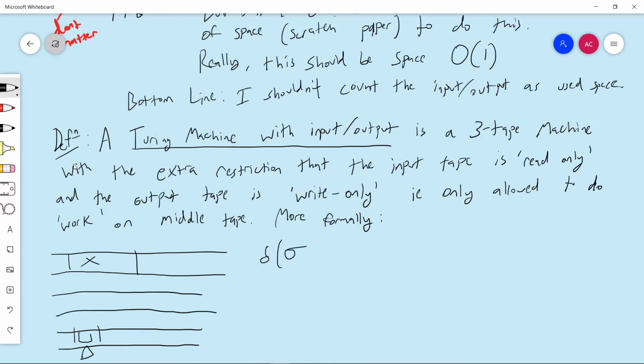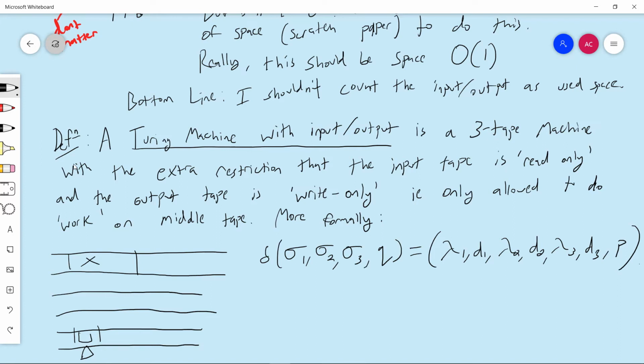So it takes 3 symbols, sigma 1, sigma 2, sigma 3, and also a state q, and it returns as output a new symbol. I should use a different Greek letter. How about lambda? Lambda 1, and also a direction, d1, lambda 2, d2, lambda 3, d3, and then finally a new state p.